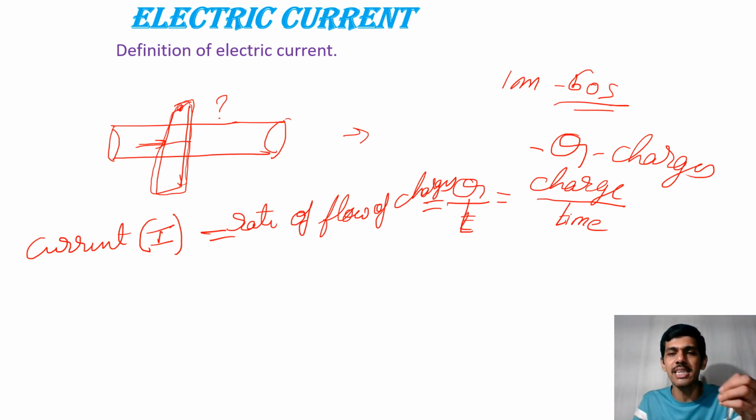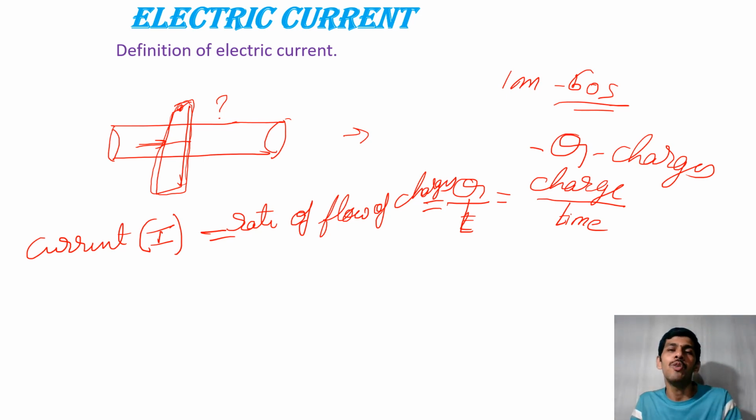How do we define something which is expressed as a rate? That is something divided by time. That is the meaning of time rate of something: that something divided by time. So what is the something here? That is the flow of charges. So it means the amount of charge flowing divided by the time, the ratio of charge flowing through the given area per unit time.